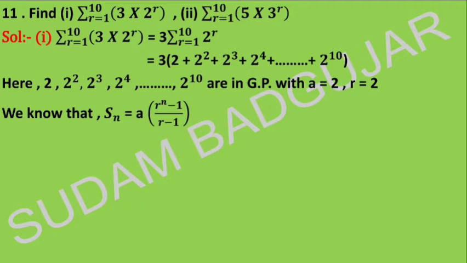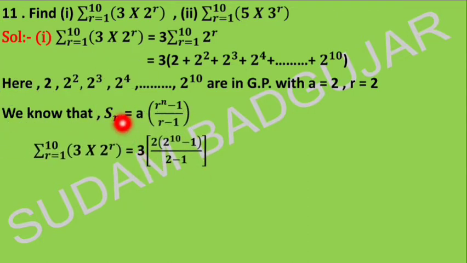Okay, so you will get, instead of Sn we will write the summation as it is, 3 as it is common, and this is nothing but 2 into bracket 2 raised to 10 minus 1 upon 2 minus 1. Substitute n is equal to 10, r is equal to 2 and a is equal to 2 here. This 3 carries as it is.